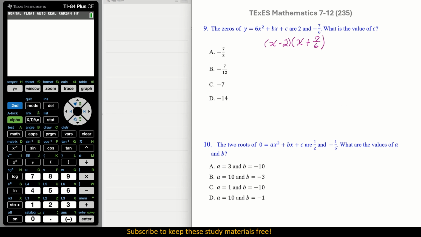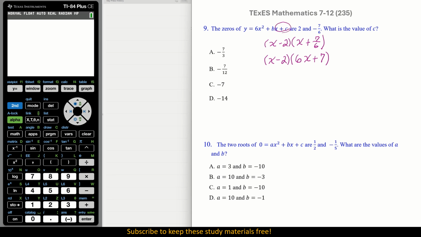Okay, so what's really going to happen here? And we've done a few of these. You may already see that you will keep your x minus 2, but your other parentheses will become 6x plus the 7.